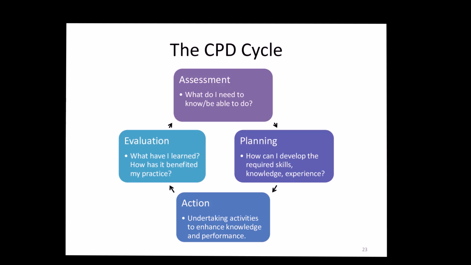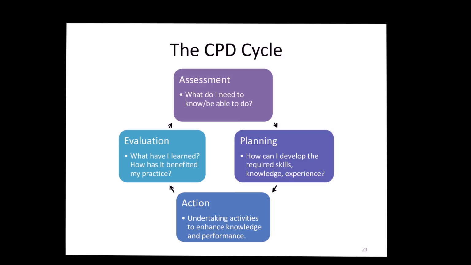this outlines the cycle. Now, the revalidation process focuses on the action part, which is the lower panel on the slide, and the recording of the activities that have been undertaken, and the evaluation part on the left-hand side, the reflection on the outcome and benefit of activities.